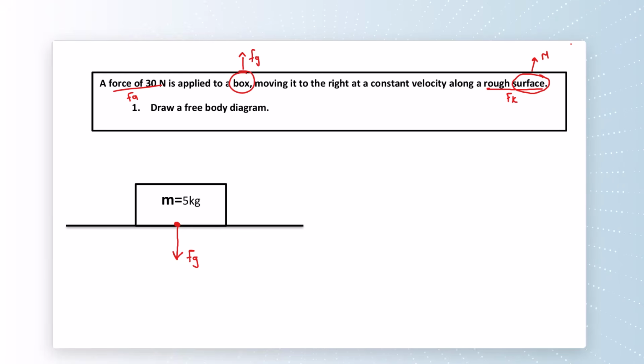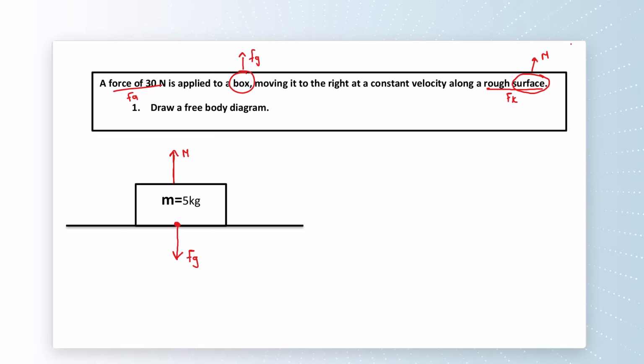Remember the normal force is perpendicular to the surface, right? So I'll just go ahead and draw it just over the box. Doesn't really matter where you put it as long as it's vertical like that and it's perpendicular to the surface. Those are our vertical forces.